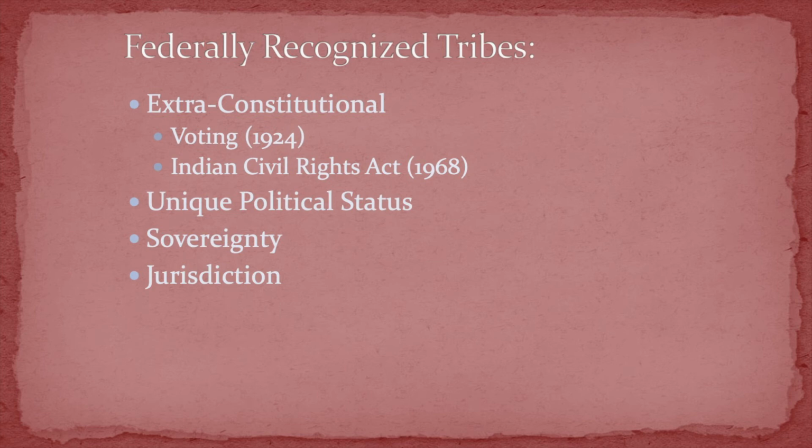And then we had to wait until 1968 for the Indian Civil Rights Act to grant tribal peoples some type of Bill of Rights in dealing with their own tribes as well as amongst each other, right?